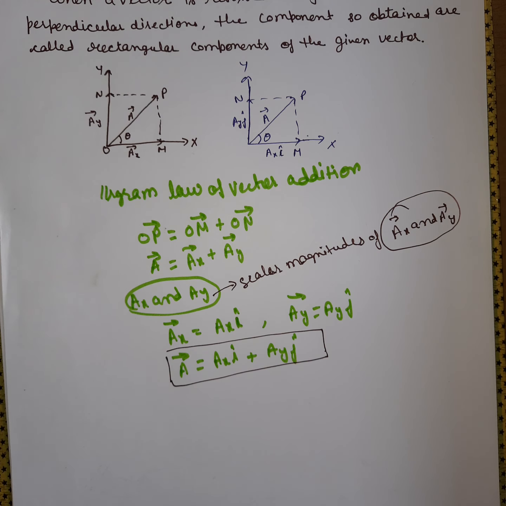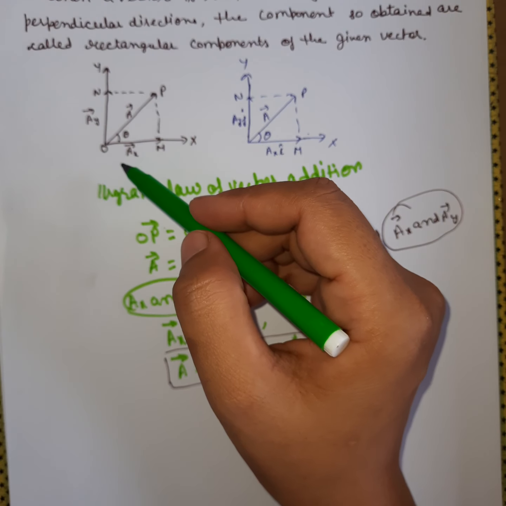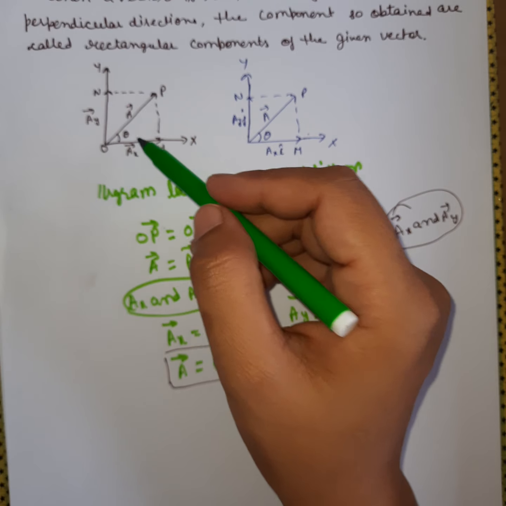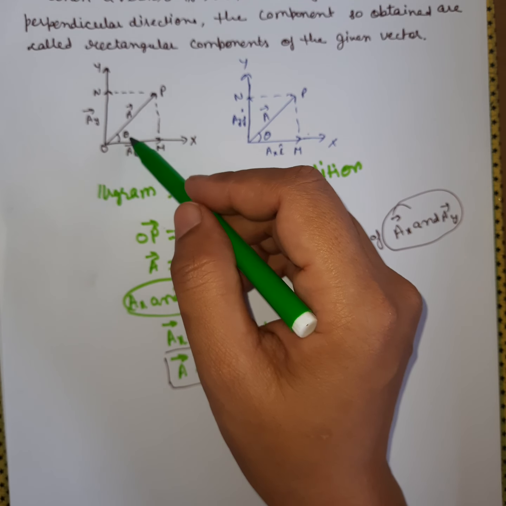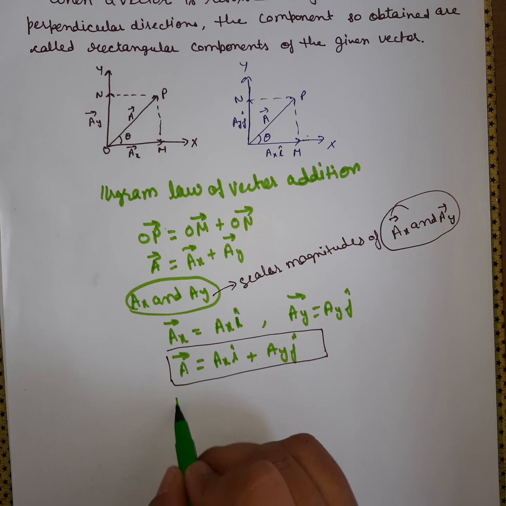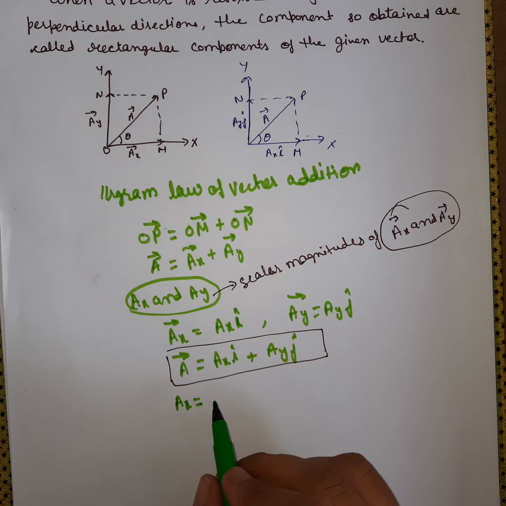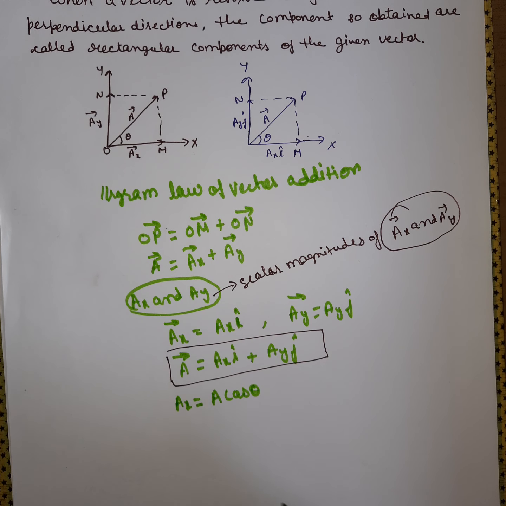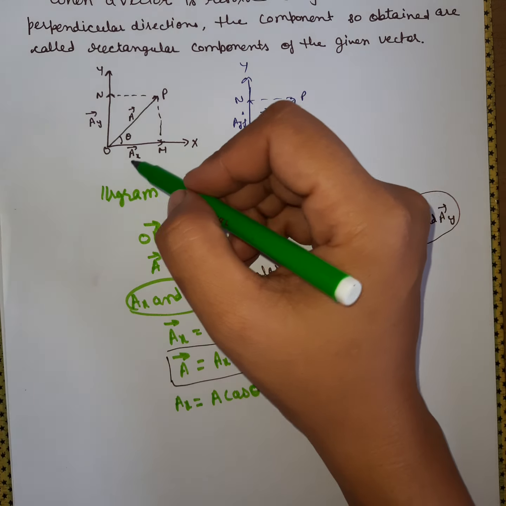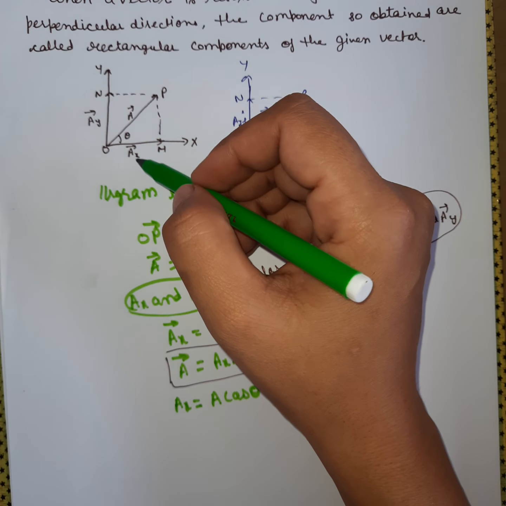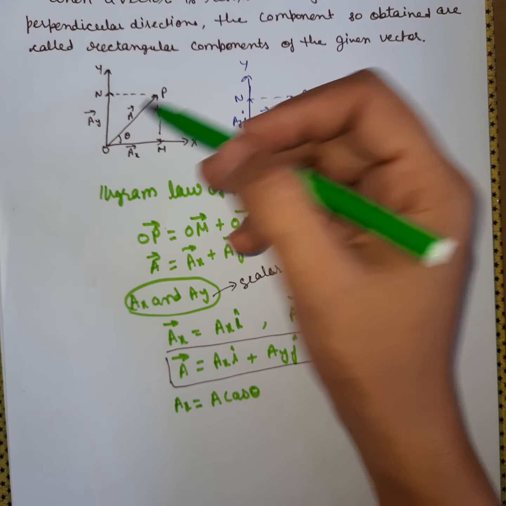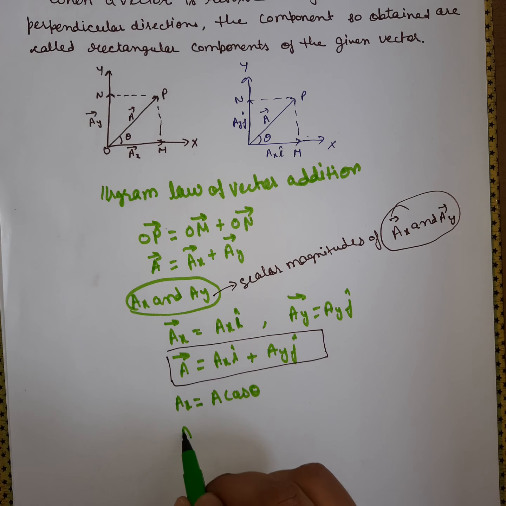If vector A makes an angle theta with the x axis, here if this angle is theta, then we can write AX is equal to A cos theta. What is cos theta? Base upon hypotenuse. So here we can write AX is equal to A cos theta and AY will be A sin theta.